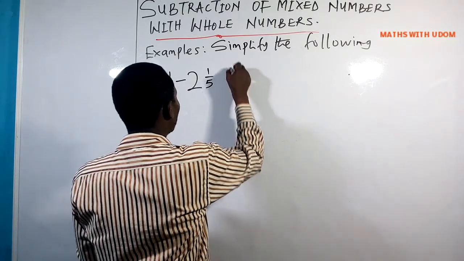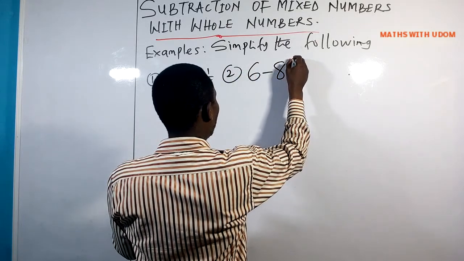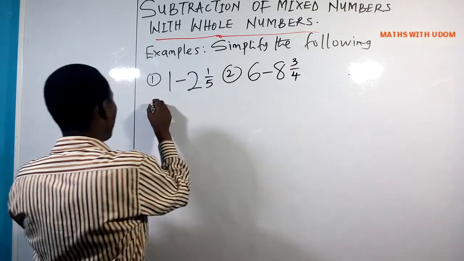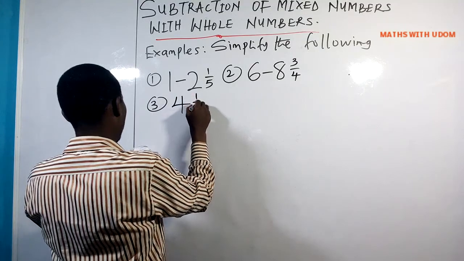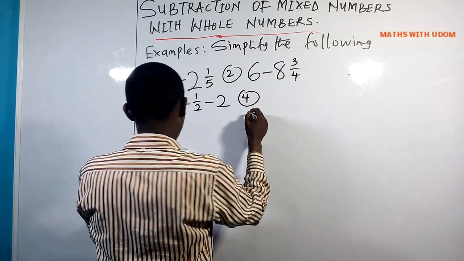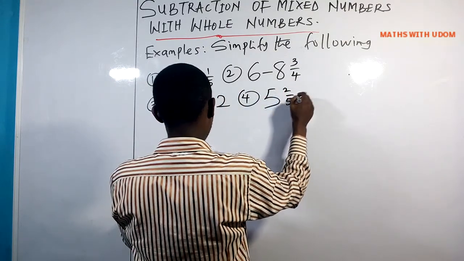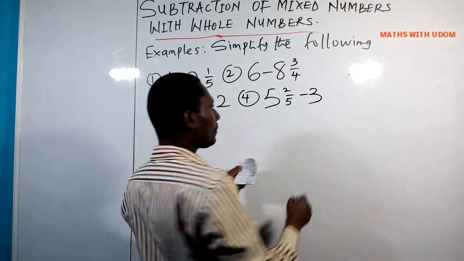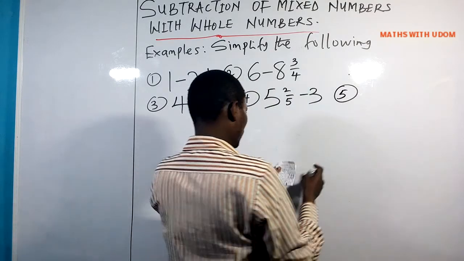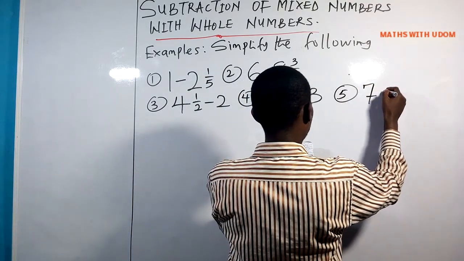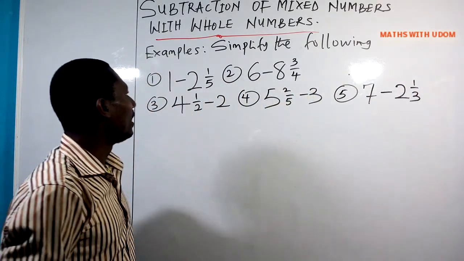Number 2, and number 5. So these are our 5 examples.